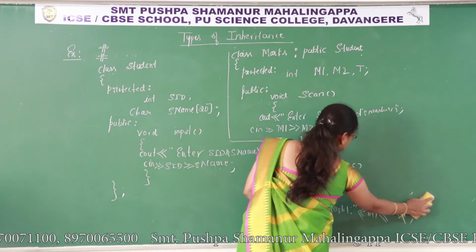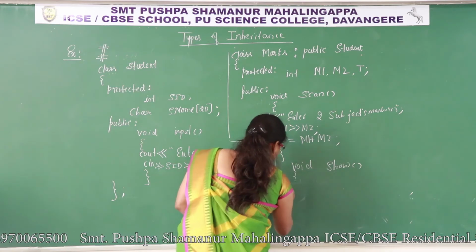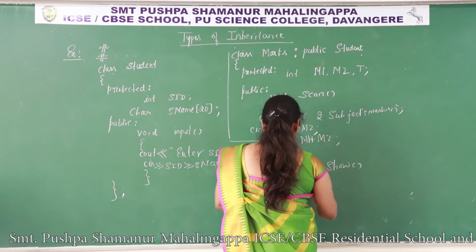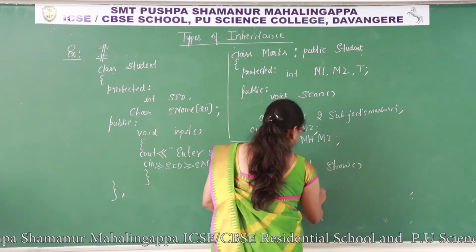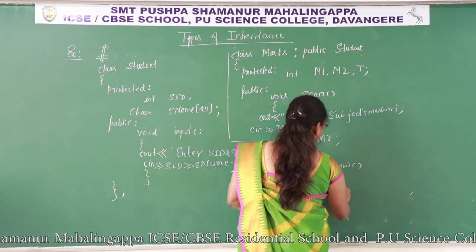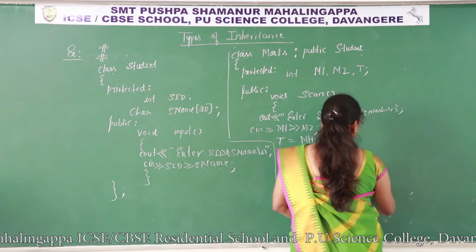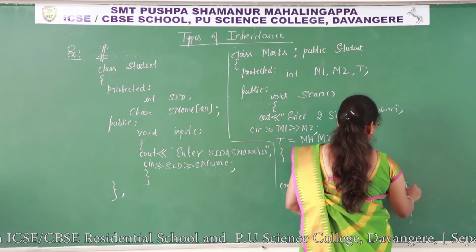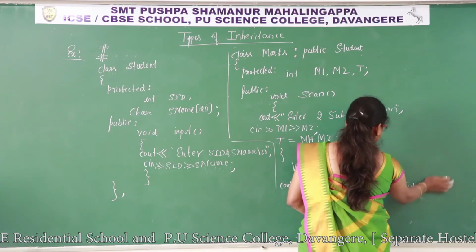Sorry, I'll write in a tabular format so that you can easily understand that. Cout, student ID \t, student name \t, marks 1 \t, marks 2 \t, and total \n.